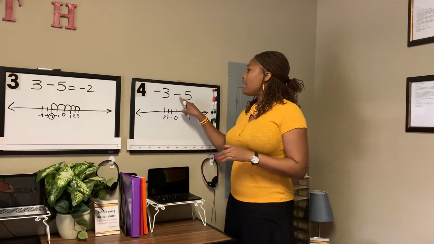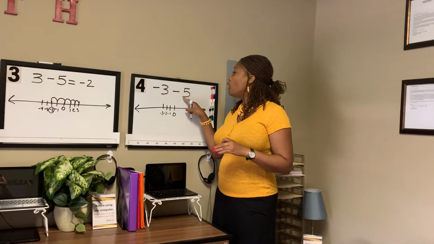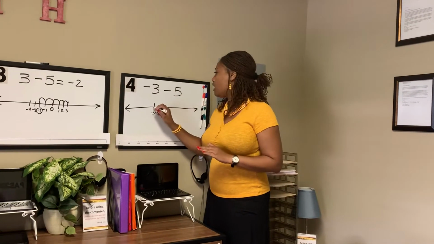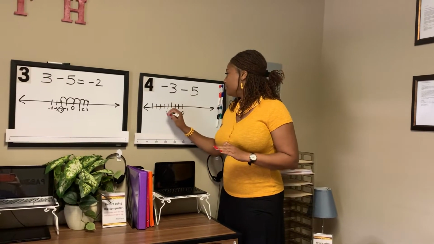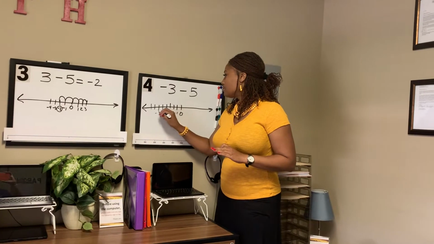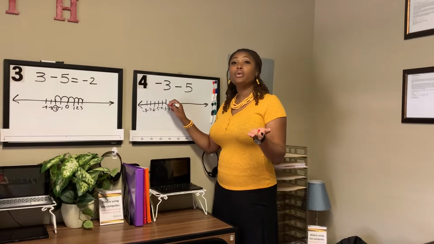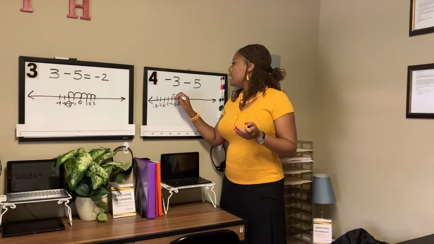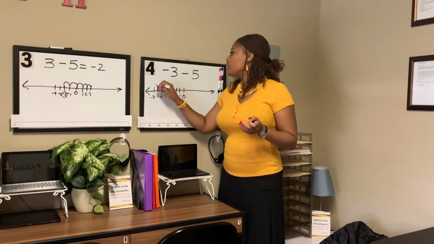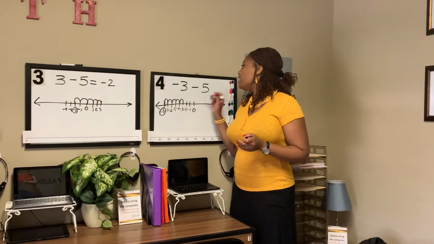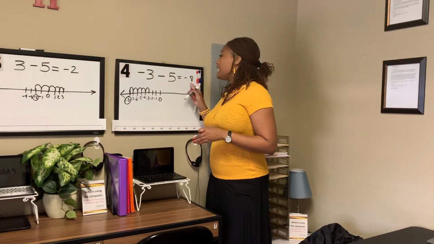But notice that I also have to go 5 more units to the left of 0. So if I start off with -3 and I go 5 more units to the left, that's why the answer is -8.